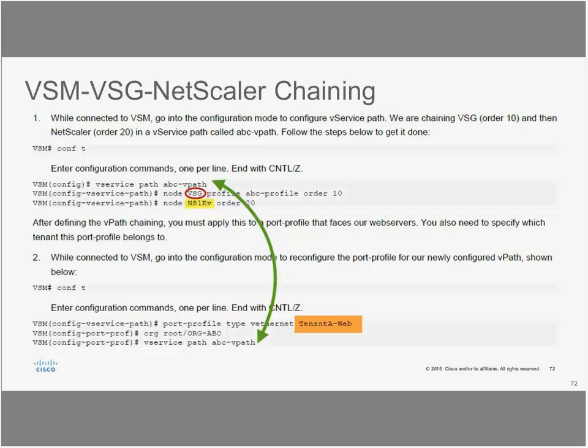From NetScaler, the traffic will come back to the VM, get programmed on the VM, and all other traffic will follow the same path. This is how the chaining is configured at the VSM level. All the vPath configuration, all the chaining is done at the Nexus 1000V. All the policies, all the configurations for the profile are done at the PNSC, and then pushed to the VSG and ASA.